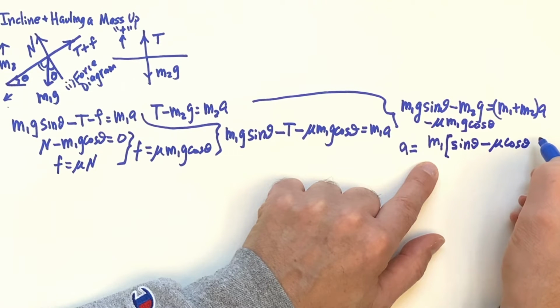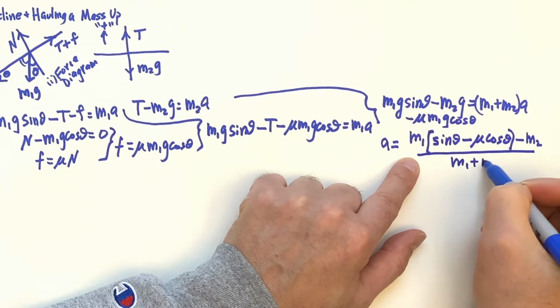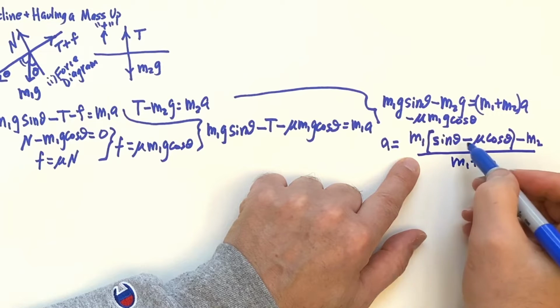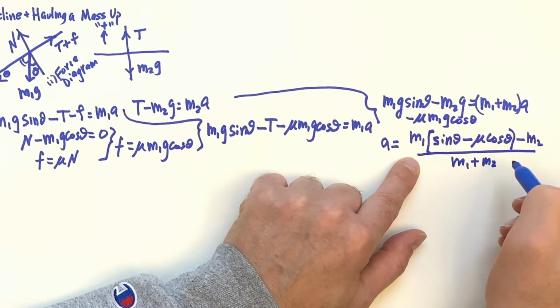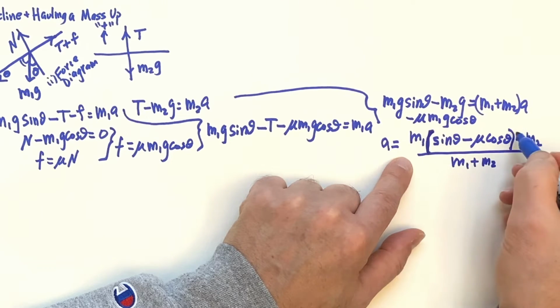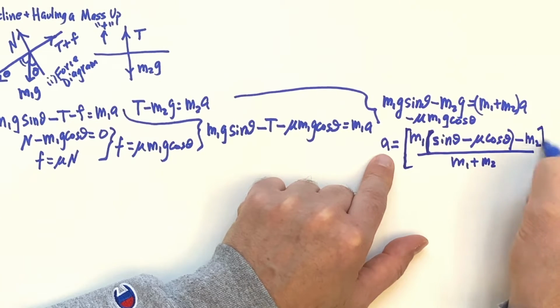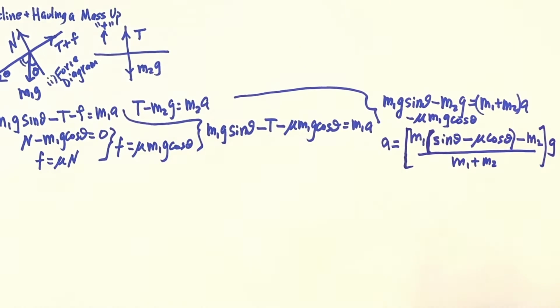And then we're going to have the minus M2 by itself, like that, over the sum. And we're going to have a G in there. So we got a lot of stuff here. Let's go ahead and make that a parentheses, and then we'll make this a bracket and put the G on there. So everything is accounted for now.